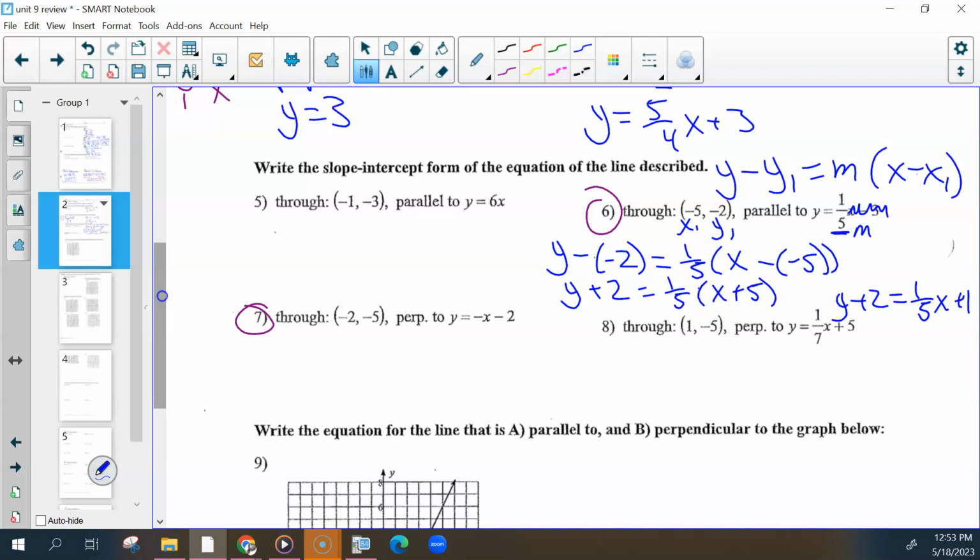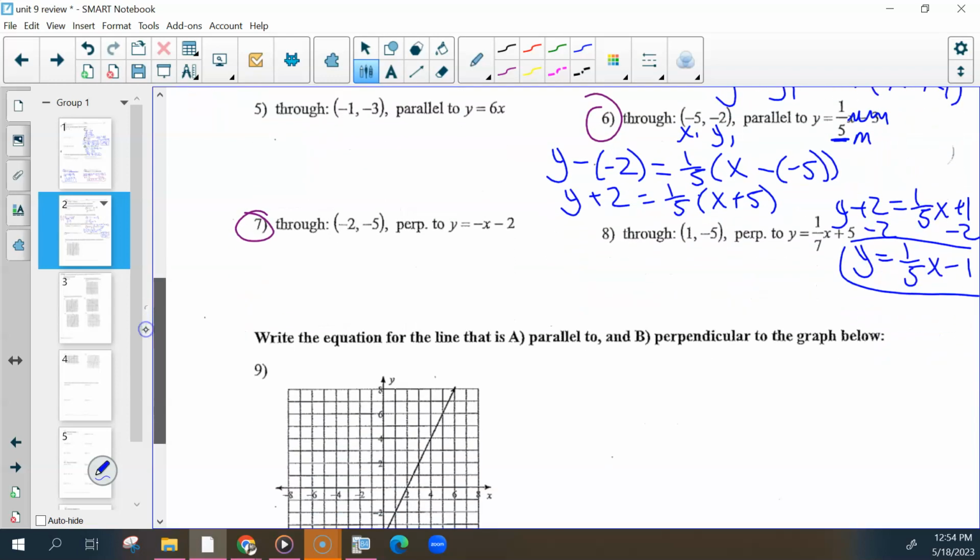And our last step would be get y by itself, get rid of the 2 by subtracting. So that would be the line that is parallel to the original that goes through that point. What questions do we have on that process? 1/5 times x and 1/5 times 5. Okay.